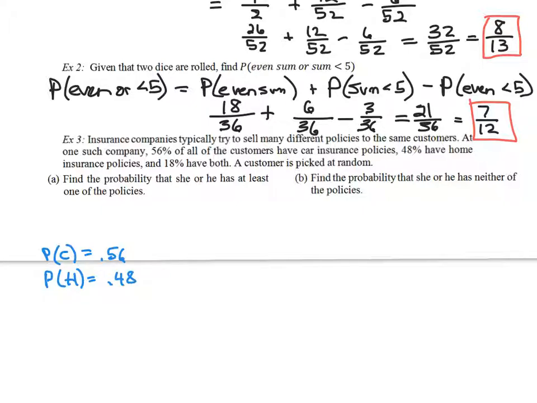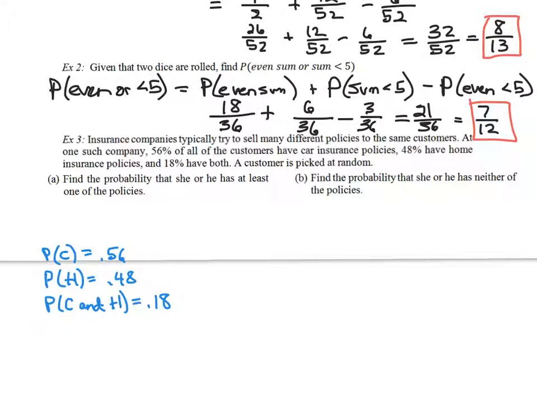And 18% have both. So the probability of car and home, that's equal to 0.18.